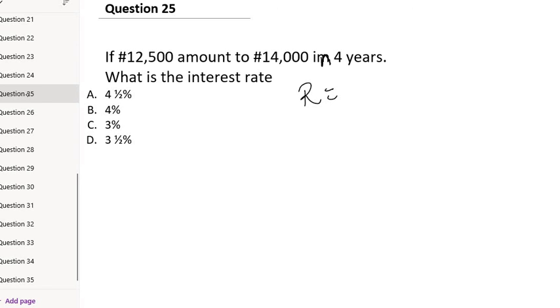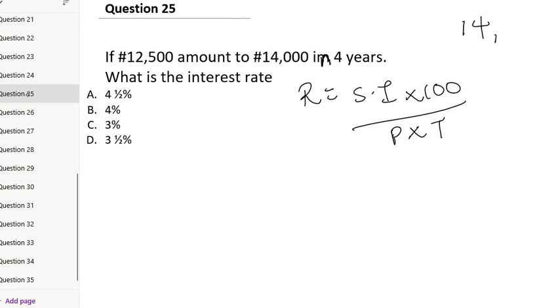Rate equals simple interest times 100 divided by principal times time. To get the simple interest, we need to subtract the principal from the amount. The amount is 14,000 minus the principal, which is 12,500.